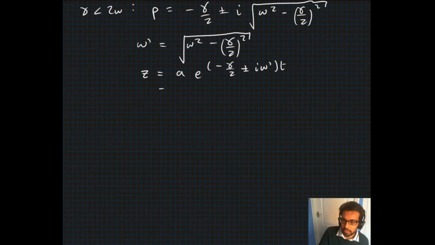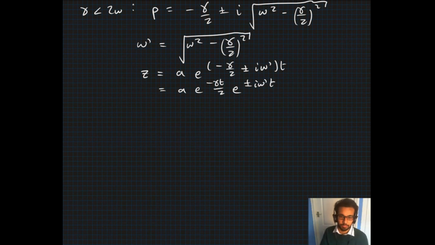And we can factor this into two terms: A times e to the minus gamma t over 2 times e to the plus or minus i omega prime t.